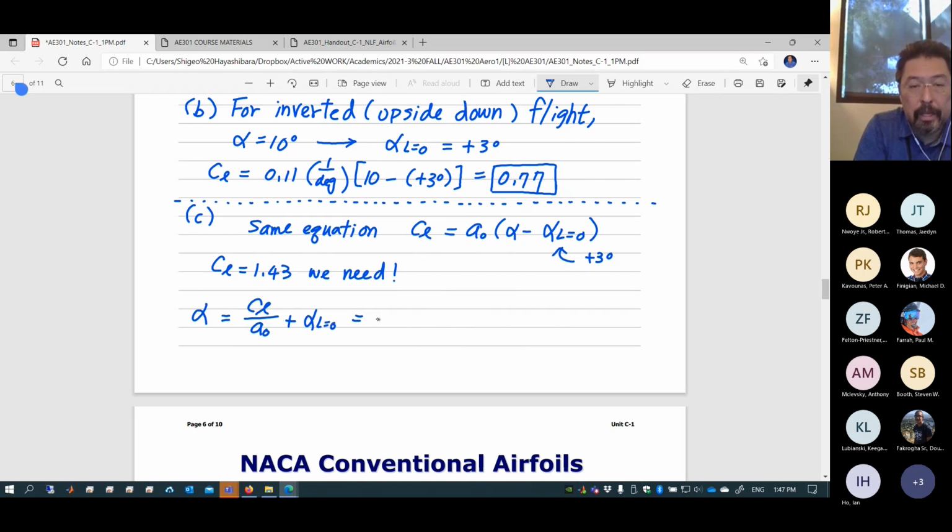Make sure everything is in the right units. This is per degree, this is degrees, so the result is degrees. So 1.43 lift coefficient over 0.11 per degree, plus 3 degrees is going to get you 16.